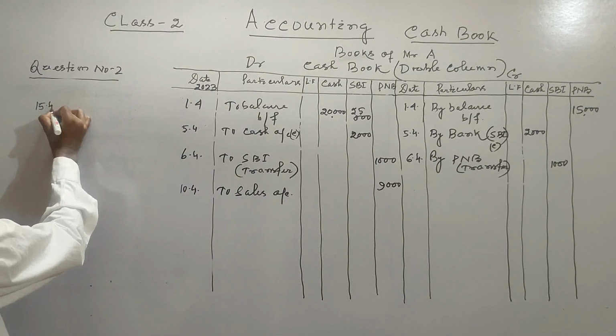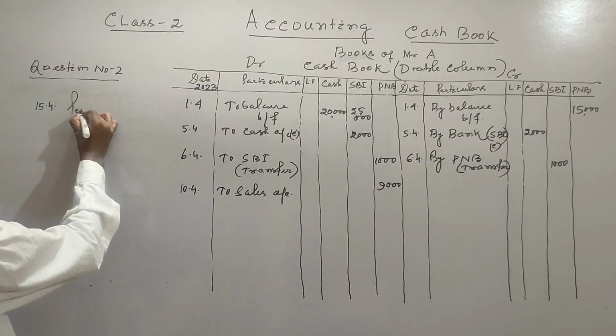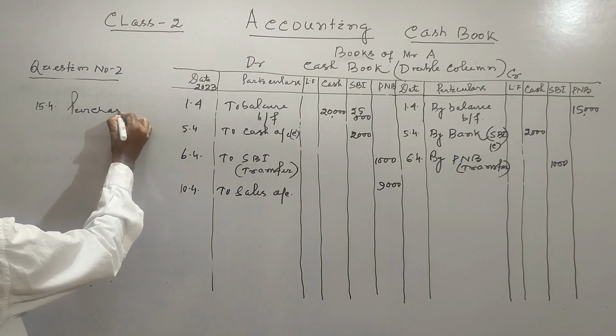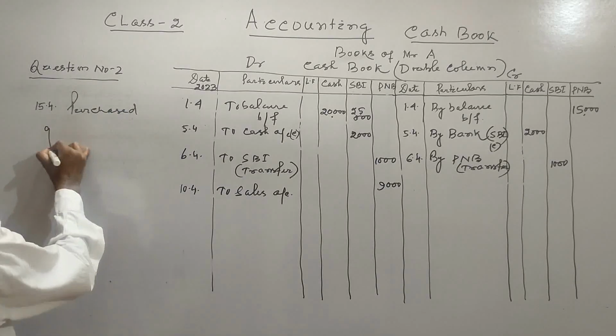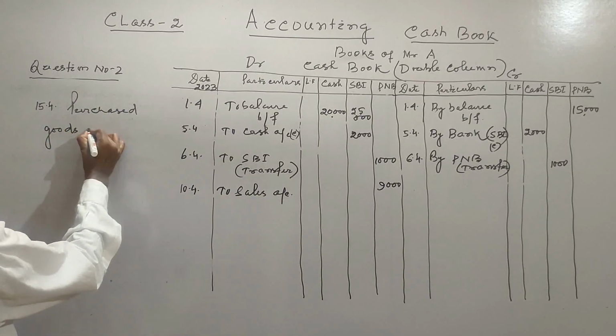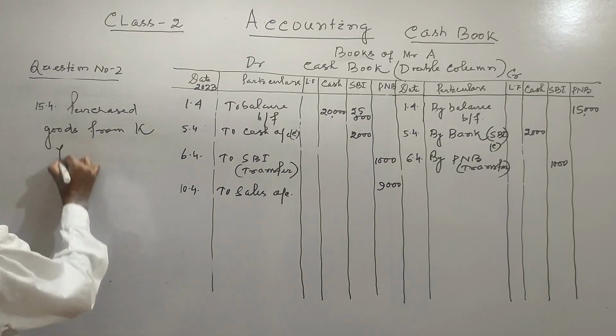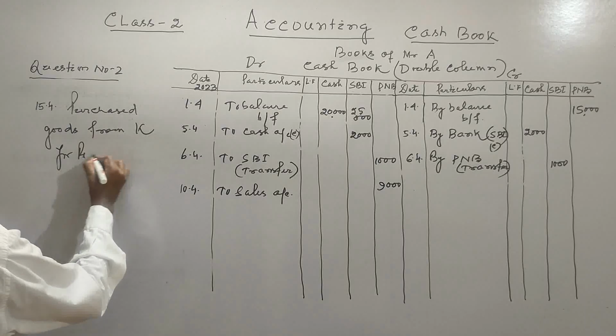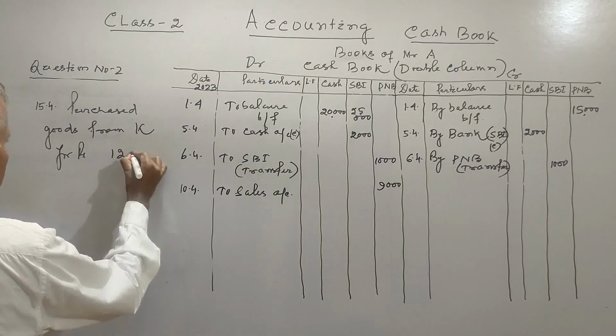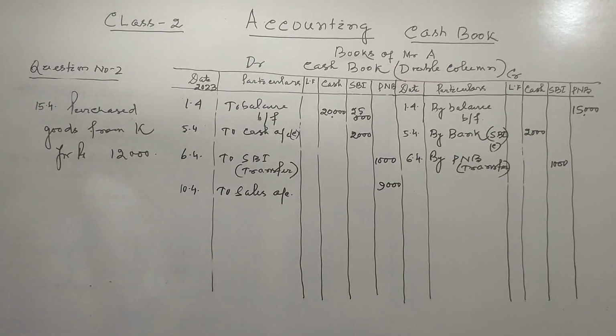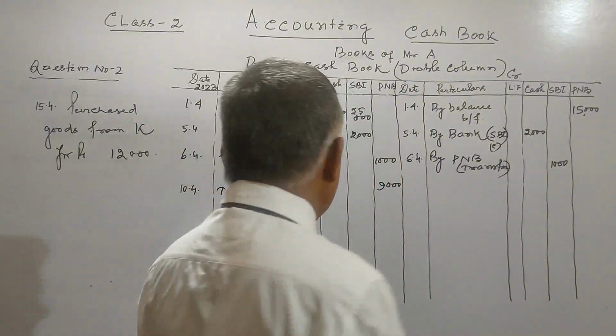On 15th, purchased goods from K for rupees 12,000. Goods purchased from K rupees 12,000.